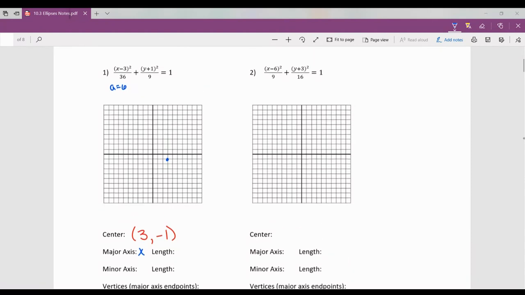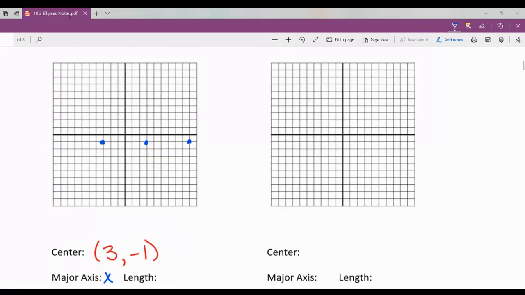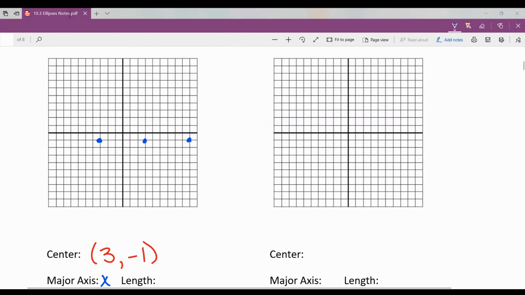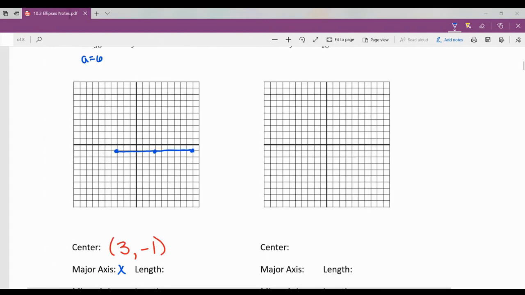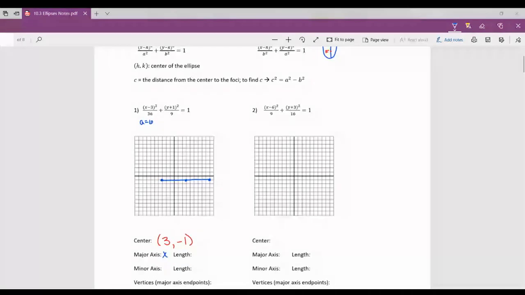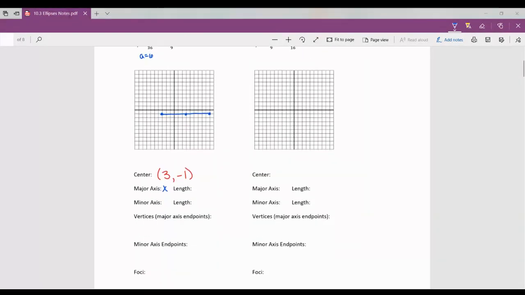So 1, 2, 3, 4, 5, 6, and then 1, 2, 3, 4, 5, 6. So the length of my entire major axis is going to be 6 this way, 6 that way, 12.